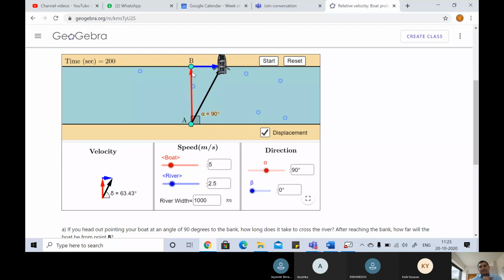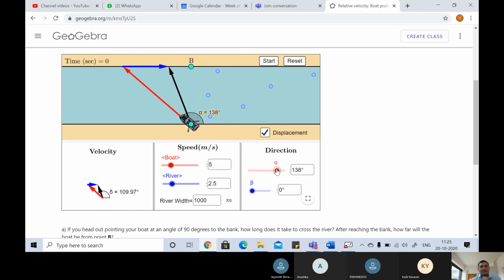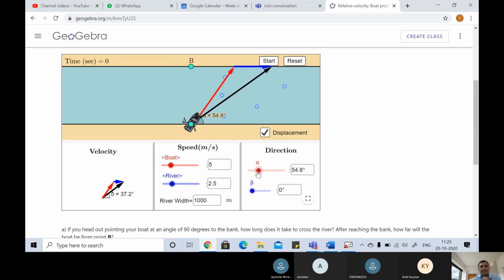That means like this. When your effort is in any other direction, either towards the left side like this, or towards the right side, anywhere like this, your time will be more. Your time will be minimum only when you travel like this. Understood? Although you may not reach B. Right now your time is minimum, but you will not reach B.